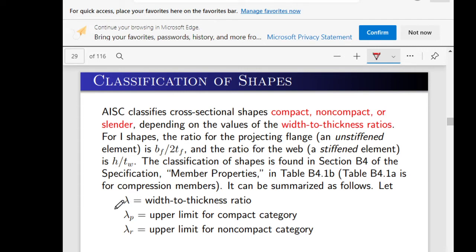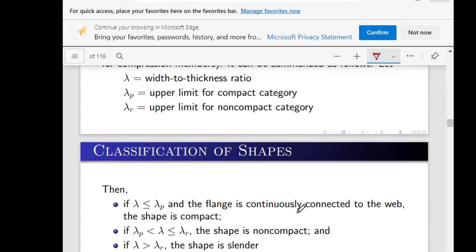This lambda is the width to thickness ratio. So lambda sub p is the upper limit of the compact category, and lambda sub r is the upper limit of the non-compact category. So there are these conditions.